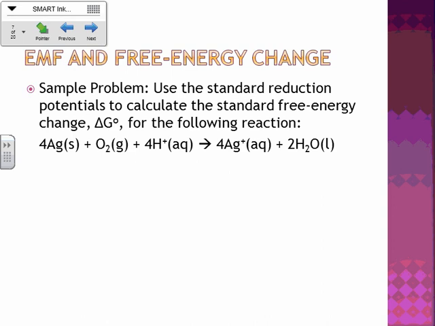So the first thing we have to do is figure out the E0 here. Okay? So remember, the E0 is the reduction potential of the reduction process first, okay, minus the oxidation process. So what's the reduction process in this particular reaction?